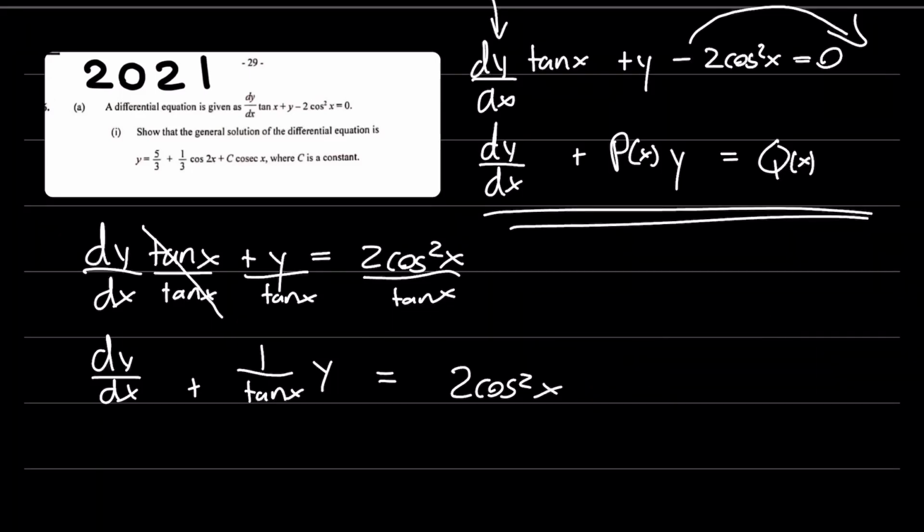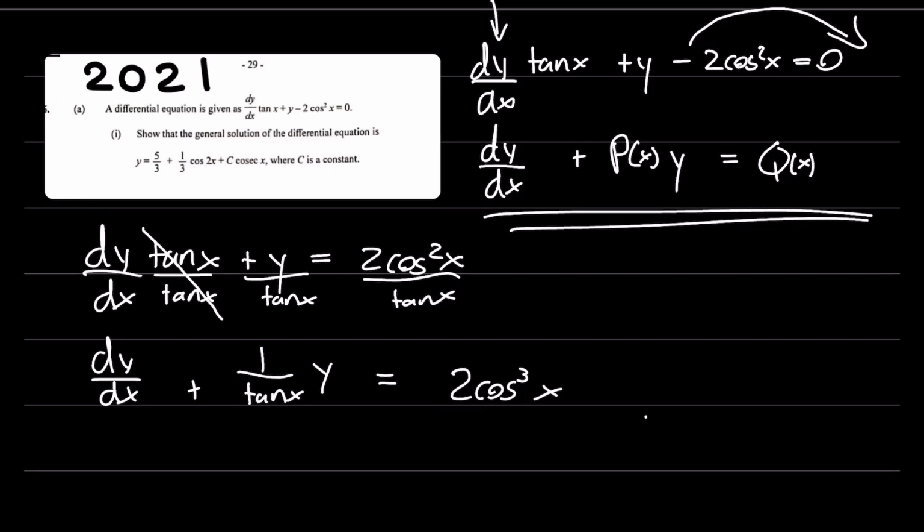So instead of sine x over cos x, we'll have times cos x over sine x. And this will just give us 2 cos cubed x over sine x. I'm just trying to be as efficient with the space as possible. And so we have that right now.